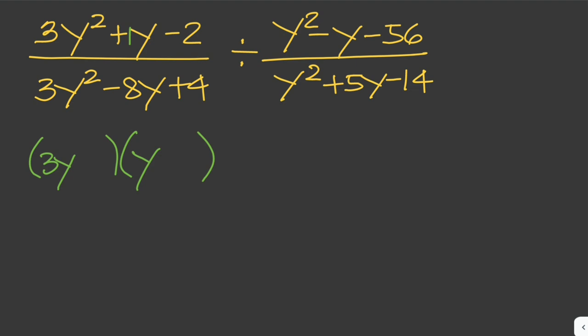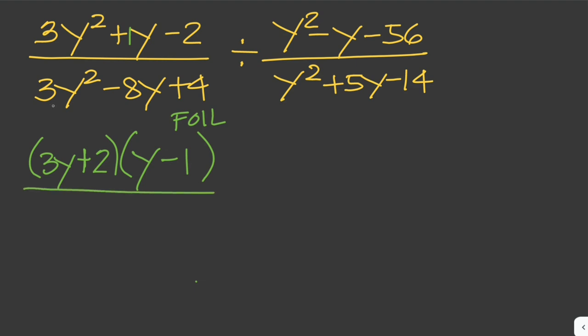So we can write this as 3y plus 2 times y minus 1. You can always check this one by using the FOIL method, by multiplying these two binomials.